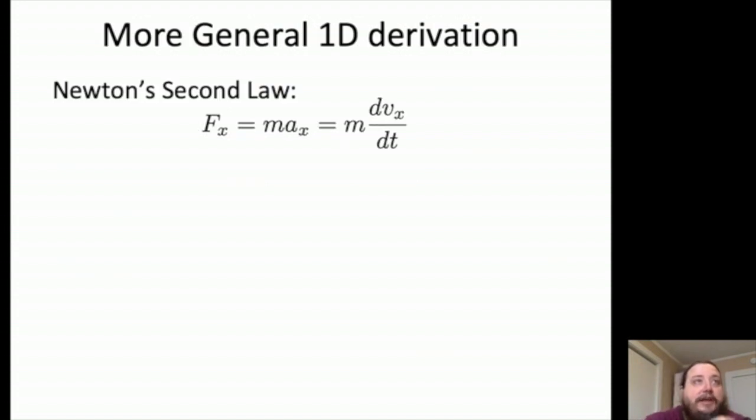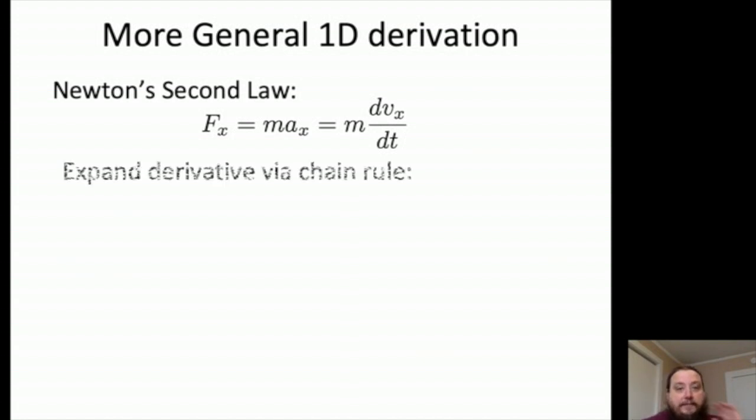We can make a more general derivation of this concept of conservation of mechanical energy in the context of any one-dimensional motion. So from Newton's second law, we have that the sum of forces acting on an object must be m times its acceleration, and the acceleration is the first time derivative of velocity.